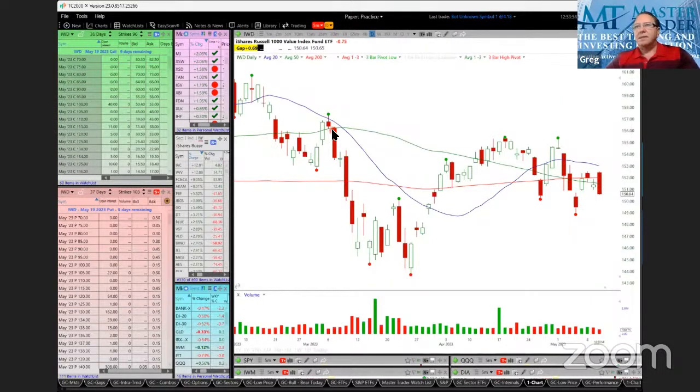So this is the value index, the Russell 1000 value, and Russell has been underperforming. Here it made a turn down, and it had a nice rally up into this resistance area. Breakdown, retracement, down again, and you can see kind of a head and shoulders type of a top.